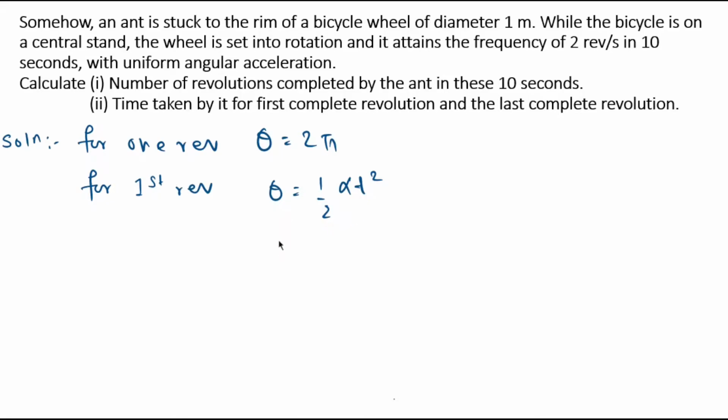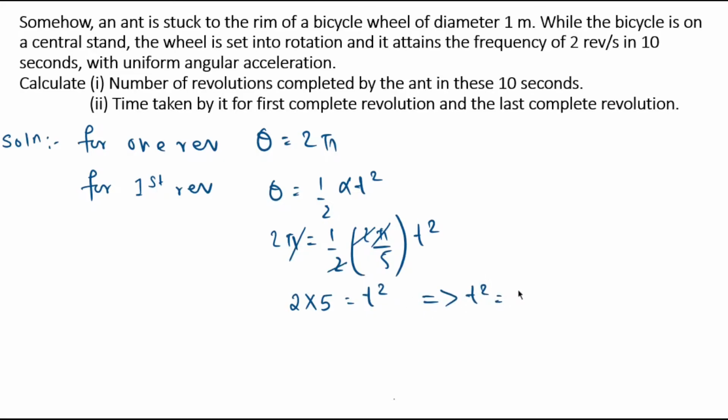So this becomes 2 pi equals 1 by 2 into alpha, 2 pi by 5, into t square. Pi cancels, 2 cancels, so 5 twos are 10. So 2 into 5 will be equal to t square, which implies that t square will be 10 and t will be root 10 seconds. So it takes root 10 seconds for the first revolution to occur.